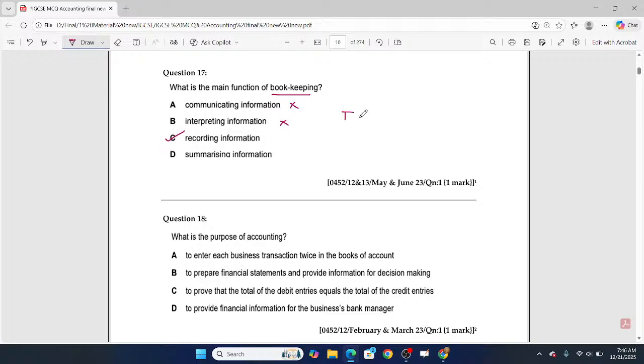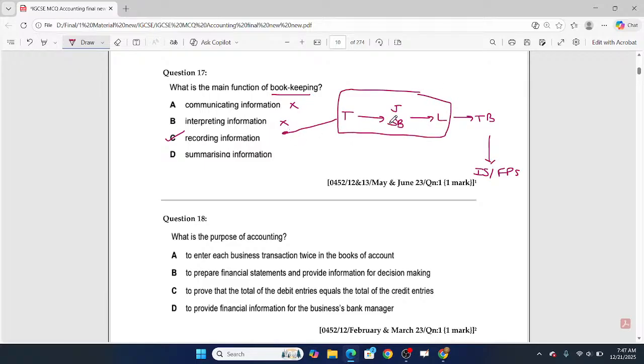From the transaction, you post that in the journal, subsidiary books and etc. And from there, you post that in the ledger. After that, you will go for the trial balance, and from the trial balance, you will prepare final accounts, income statement as well as financial position statement. These three parts are primarily done by the bookkeeper. It's only recording the information.